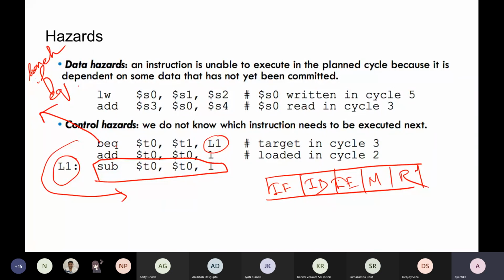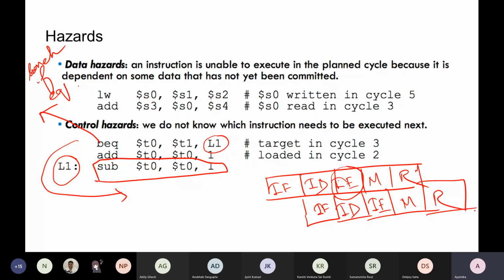So first the branch if equal execution has taken place, and you have got the output 1 or 0.